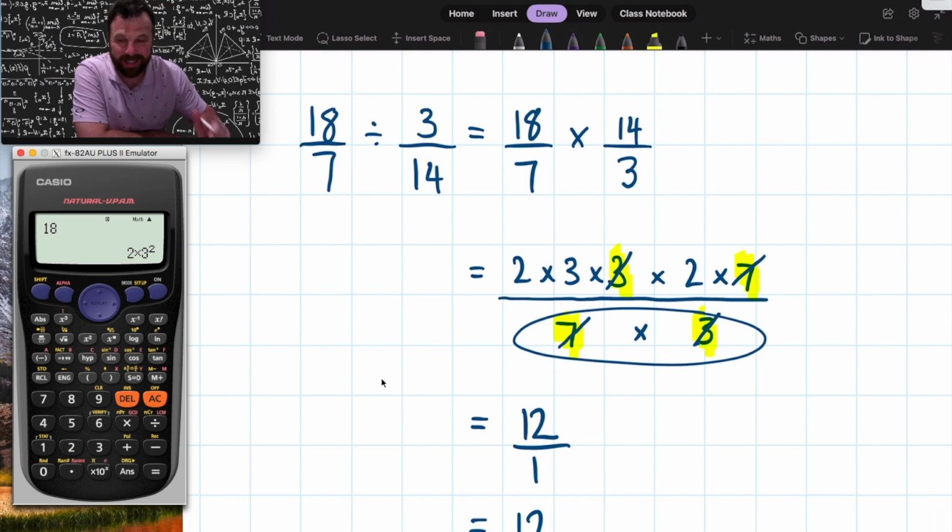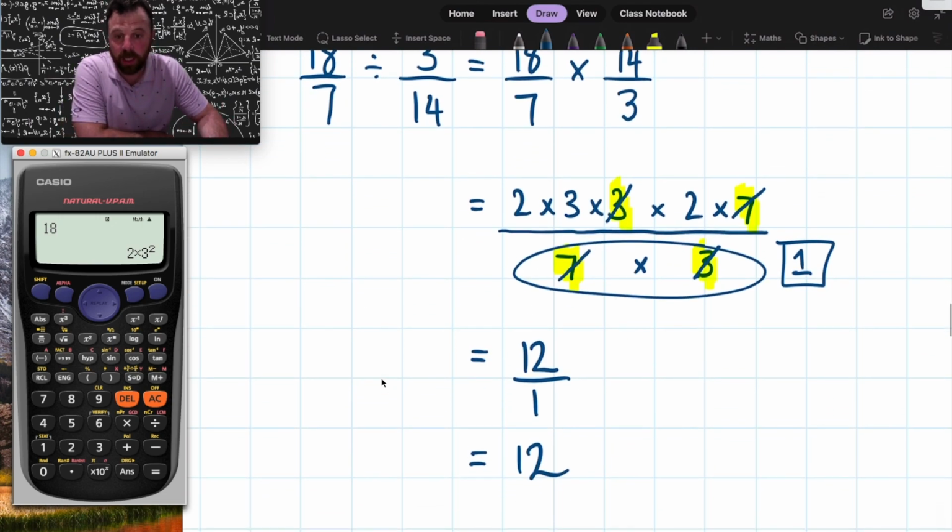But remember, I didn't cancel things, they divided. 7 divided by 7 was 1. 3 divided by 3 is 1. So there is actually a 1 written there at the bottom. But I'm a lazy mathematician. If I don't need to write it, I'm not going to write it. That's why you can see my final fraction became 12 over 1. And again, lazy. Do I need to write 12 divided by 1? No, so we just write it as 12.